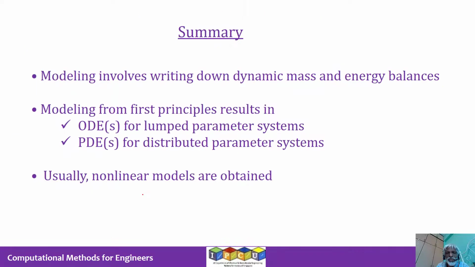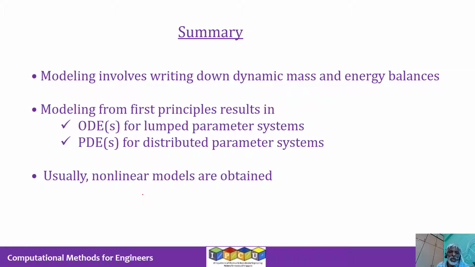So to conclude, based on the few examples that we have seen here, modeling involves writing down dynamic mass and energy balances, making some valid assumptions, and we can always reduce the dynamic models to steady state models by setting the time derivative equal to zero.